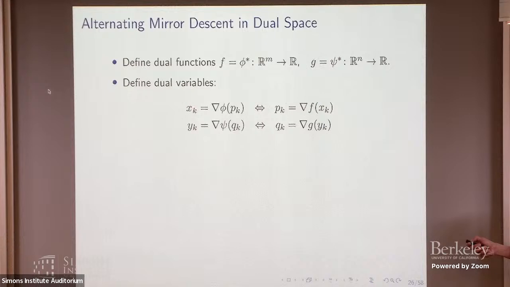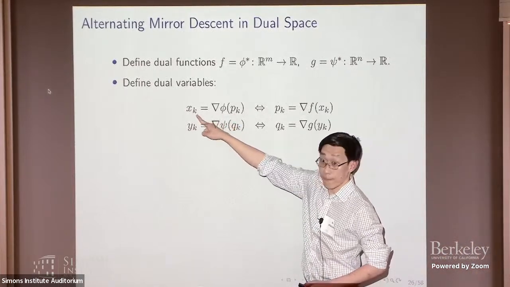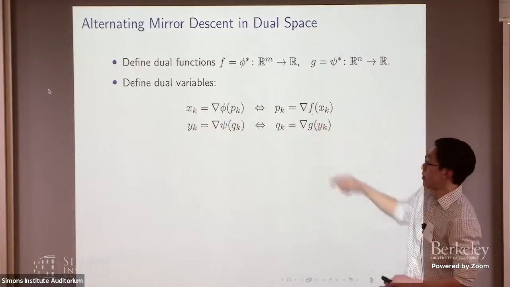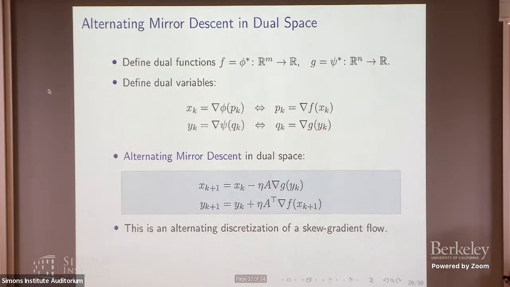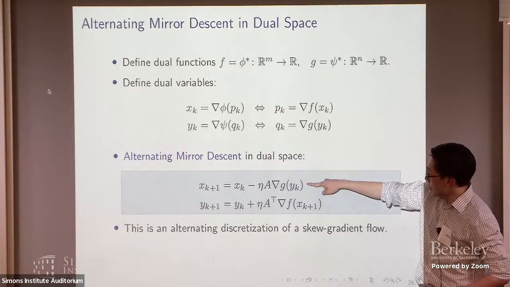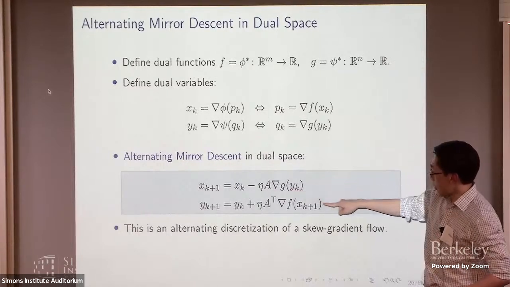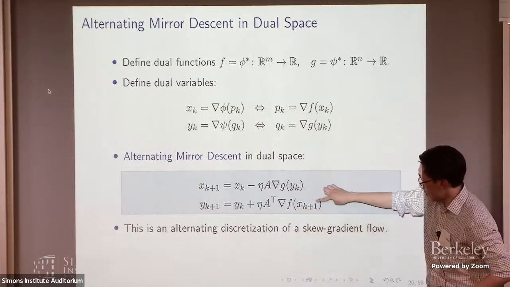Then let me call the dual variables x and y, corresponding to p and q, and you can infer that p is the gradient of phi star of x, and phi star is f. So in terms of the dual variable, you get this. And then the algorithm that we are studying is really this algorithm, where for the x variable we are taking what looks like a gradient update for g, and for y it looks like a gradient update for this function f, still with alternating, right?